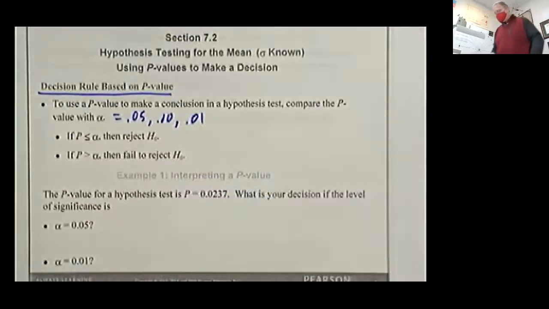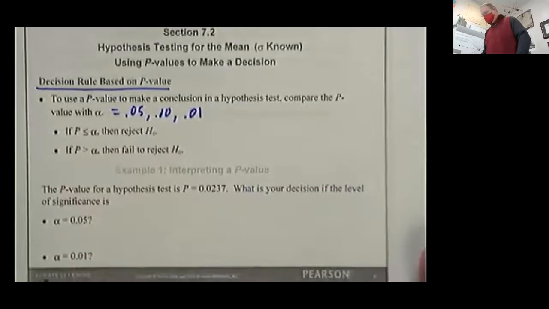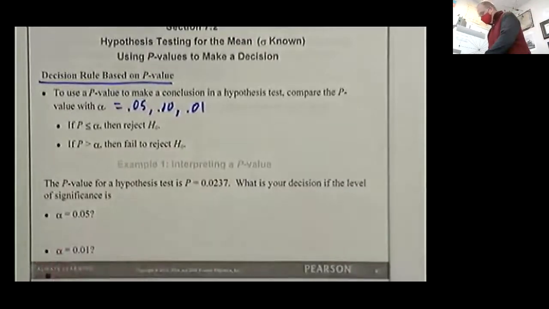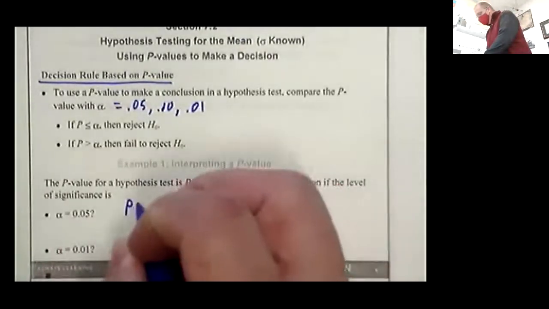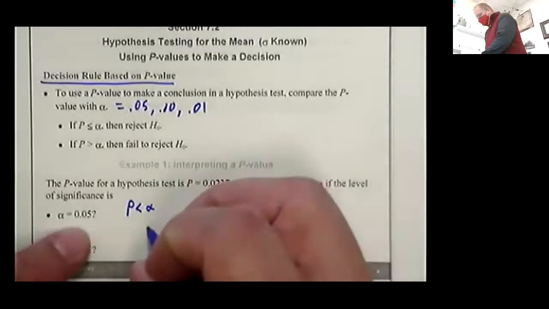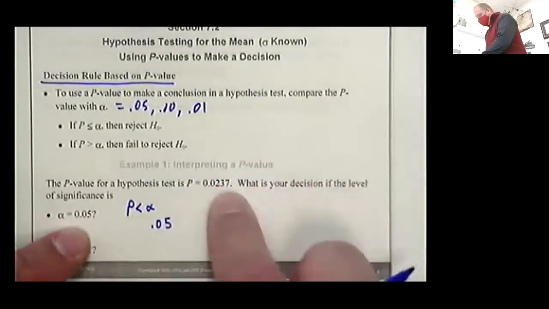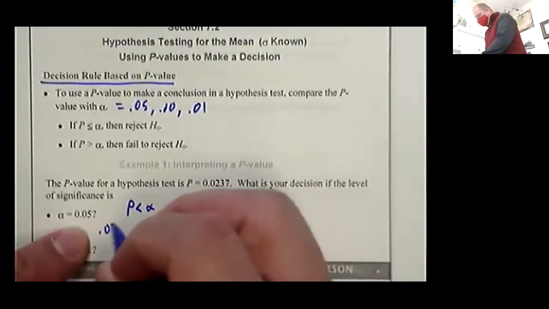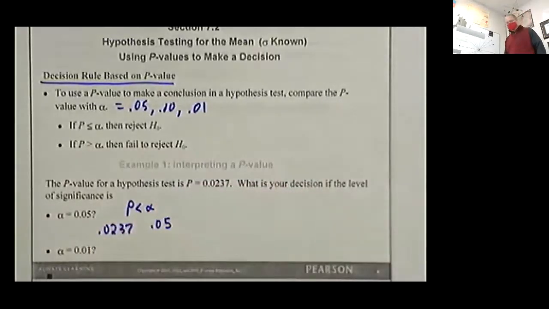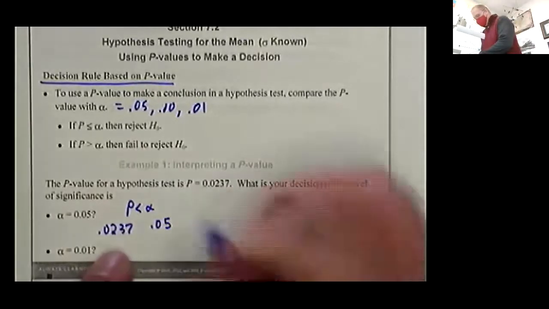For example, the p-value for a hypothesis test is 0.0237. What is your decision if the level of significance alpha is 0.05? Again, we want p to be less than alpha to reject. Our alpha is 0.05, our p is 0.0237. If it helps you to compare the decimals, add zeros to have the same number of place values.